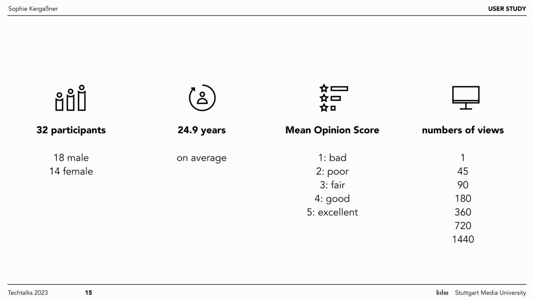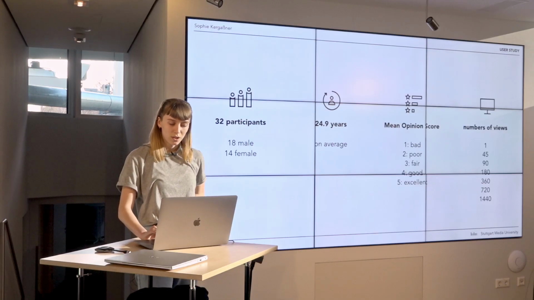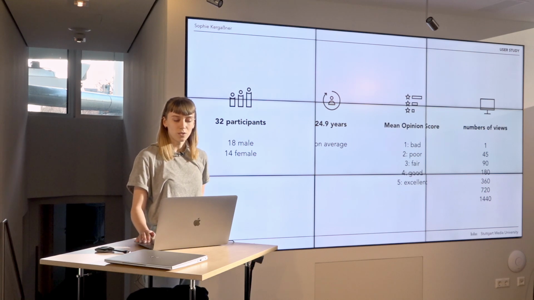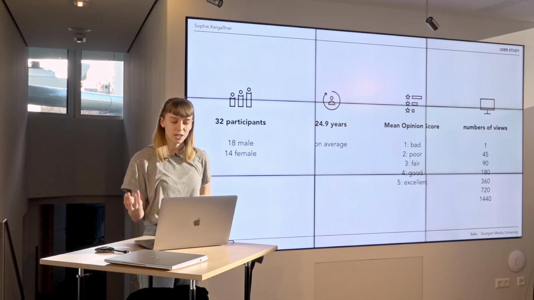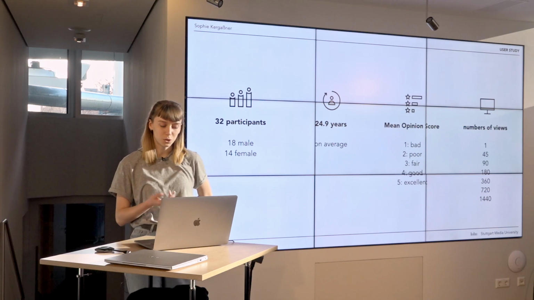The stimuli were evaluated in a study amongst 32 participants, of which 18 were male and 14 were female, and the average age was 24.9 years. And it was a quantitative survey to determine a mean opinion score that ranges from 1 bad to 5 excellent. And we determined the mean opinion score for the 3 questions on 7 stimuli, so 21 questions per person.